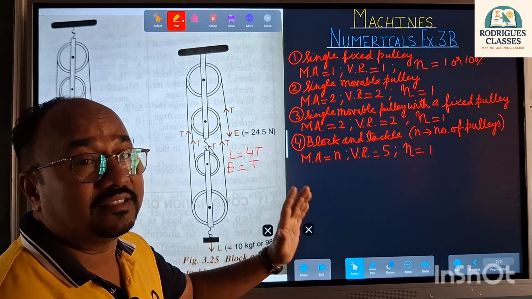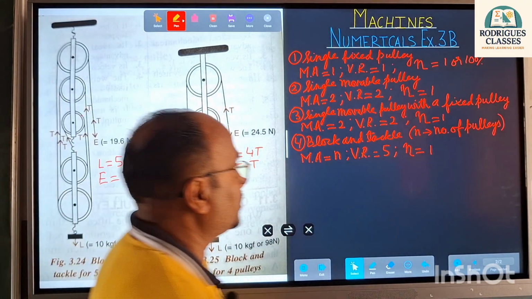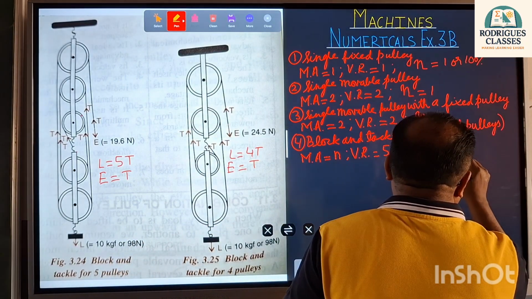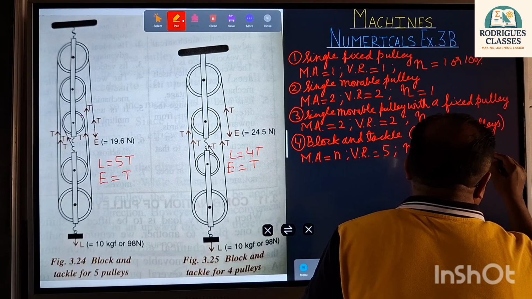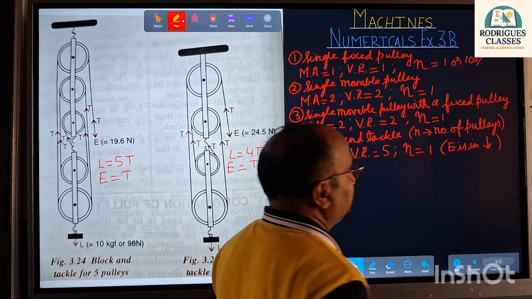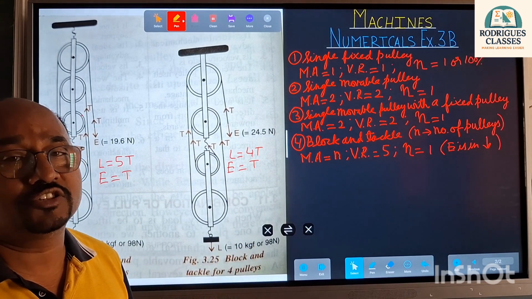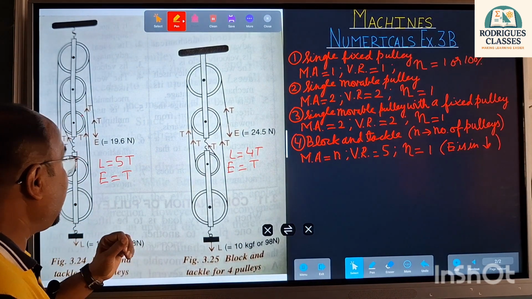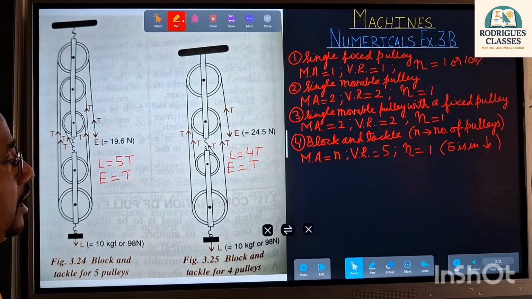So remember, in this case, effort was acting in the downward direction. So I am showing here effort is in downward direction. Keep in mind, when effort is in the upward direction, the results will change. So we can also have an arrangement where the effort will be in the upward direction.